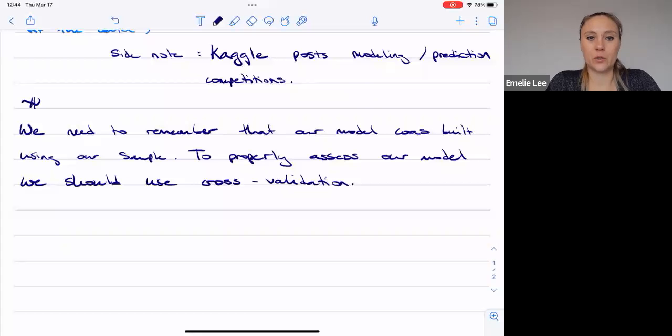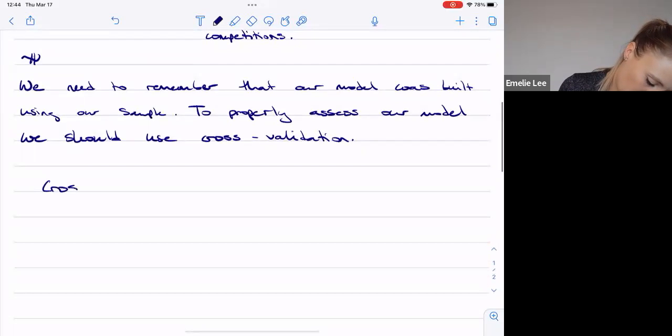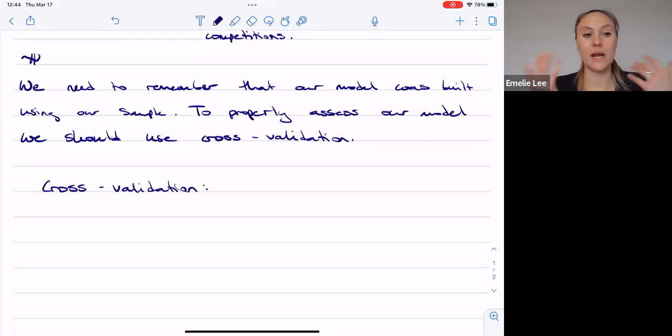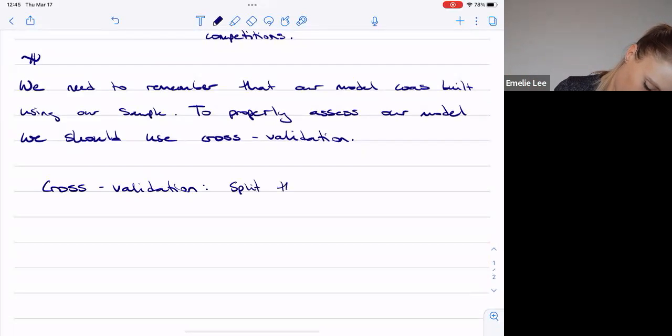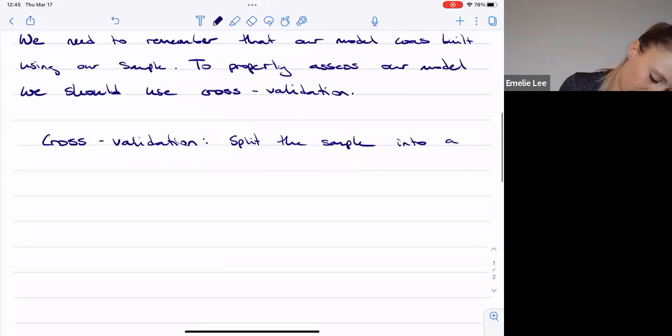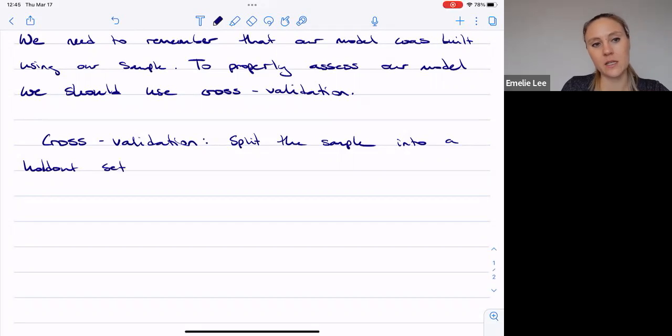There are lots of different ways that we can do cross-validation, but at its root, we split our sample into a holdout set and a training set. This is probably not unfamiliar to you.